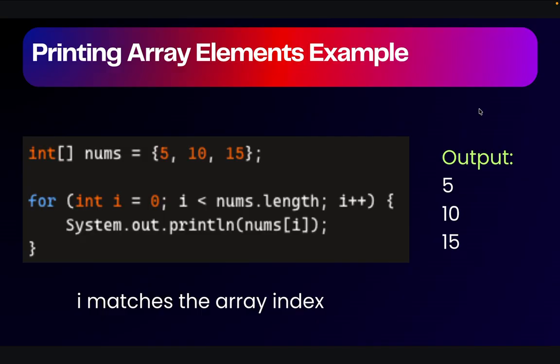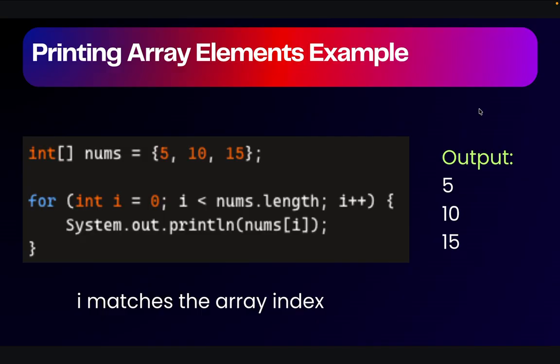One by one, it will consider what the index is. The first time your loop runs, your index i is equal to 0. That means the first time your loop is run, it will immediately print out the value of nums[0], which in this case is 5. Then your loop will increment.